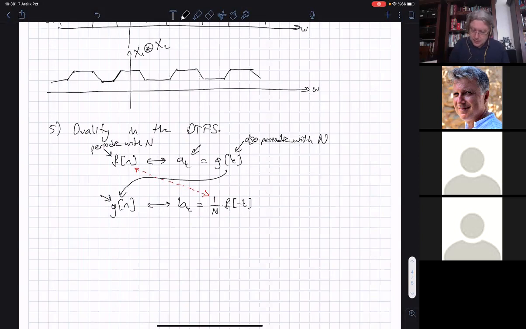Now, apart from these, as a last issue of the continuous time Fourier transform, what was the last issue that we covered? The differential equations. How do we convert differential equations in time to equations in the frequency domain by taking their Fourier transforms?